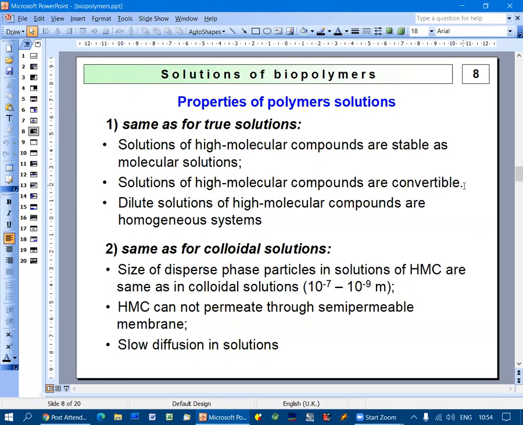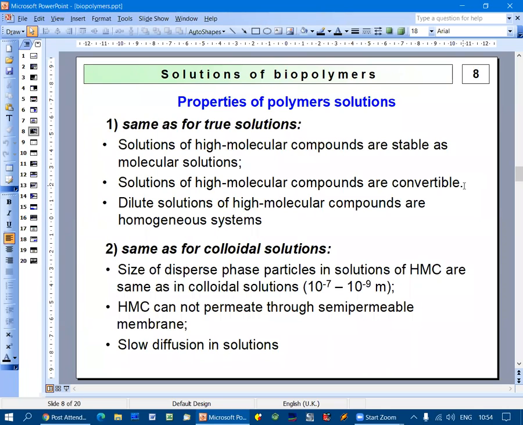protein and get a precipitate, and after that you add the solvent again, you will turn your polymer into solution again. And one more property is that a dilute, but very dilute solution of high molecular compounds can be a homogeneous system.